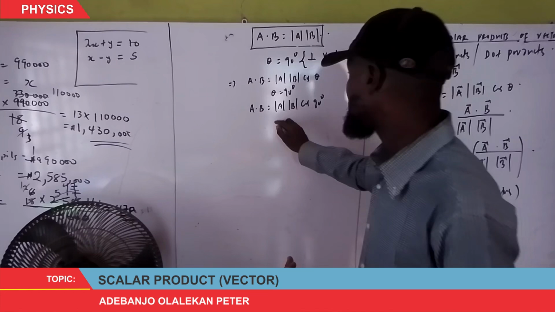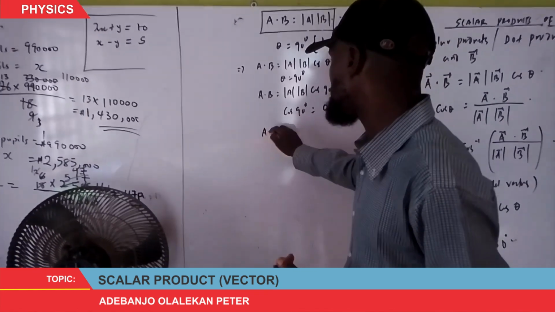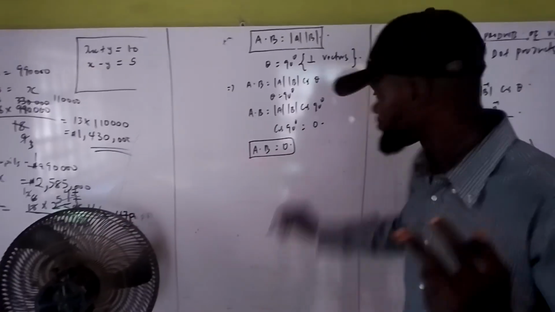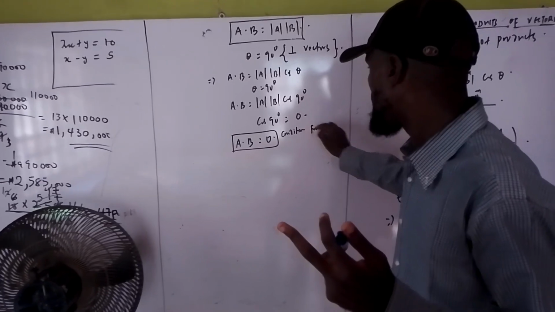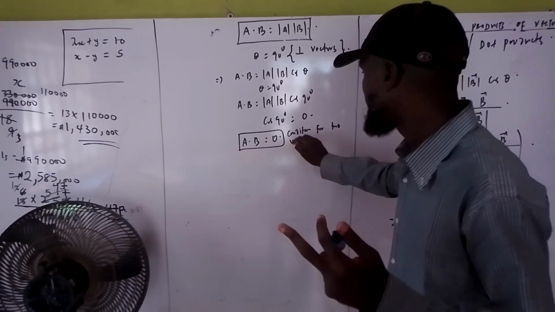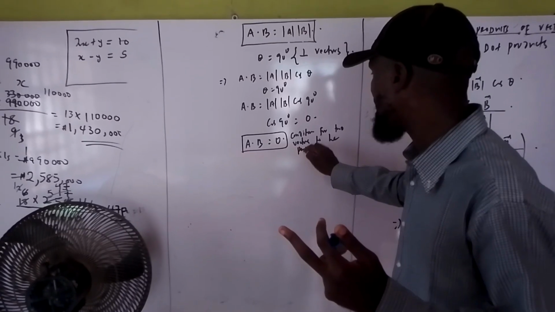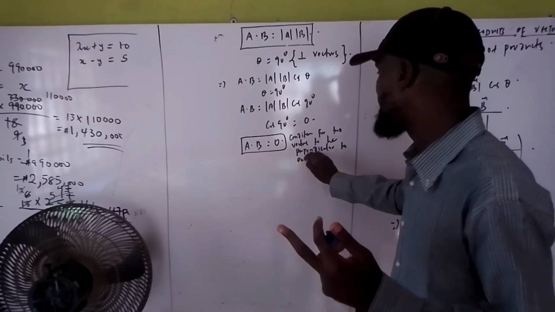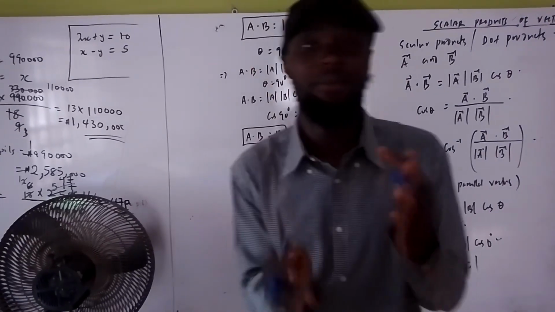And since we know that cos 90 is 0, then A dot B is equal to 0. That's the condition for two vectors to be perpendicular to each other.